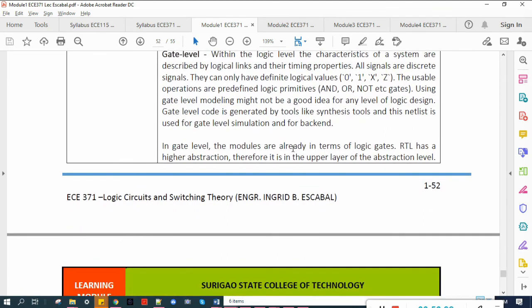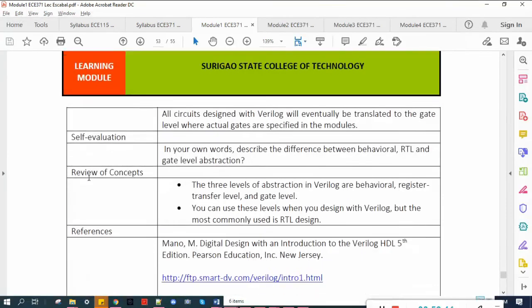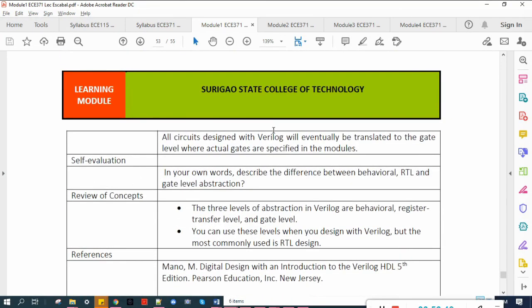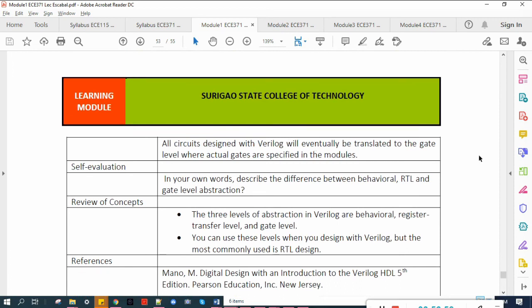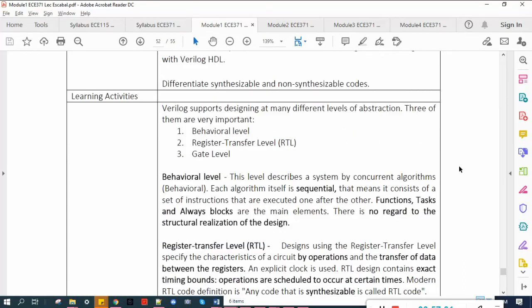In gate level, the modules are already in terms of logic gates. RTL has a higher abstraction, therefore it is the upper layer of the abstraction level. Hence RTL and behavioral. All circuits designed with Verilog will eventually be translated to the gate level, where actual gates are specified in the modules. So I hope it's clear what the difference is between the three: behavioral level, RTL level, and gate level.